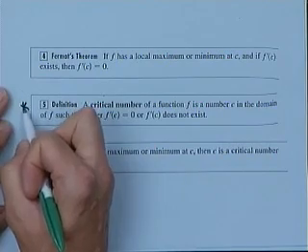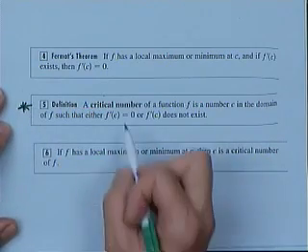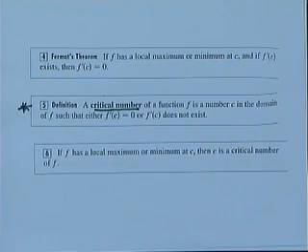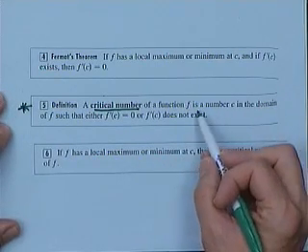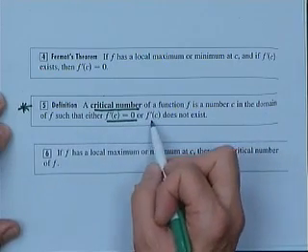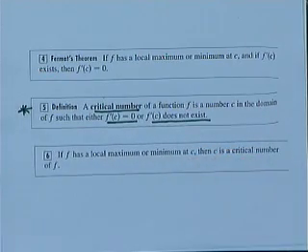I think of more value is this definition. What constitutes a critical number, or a lot of times we call it a critical point, is a number C in the domain, and the derivative is either 0 or the derivative does not exist. So those two things that we just wrote down on the other picture, if we can find those, then we've got the candidates that we want.